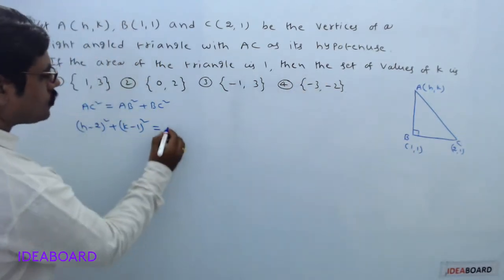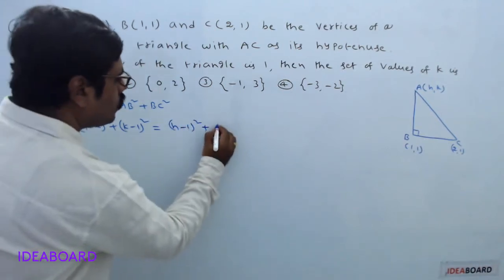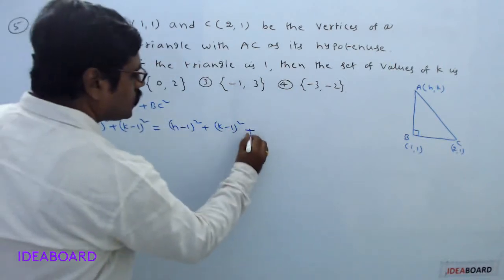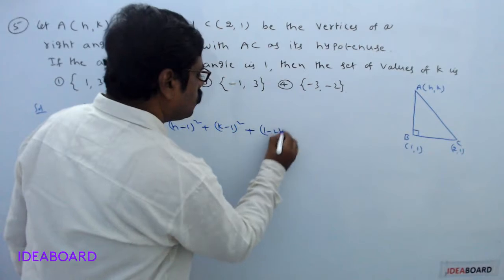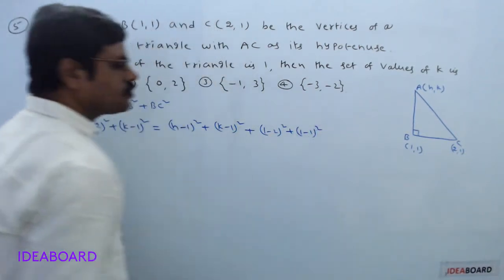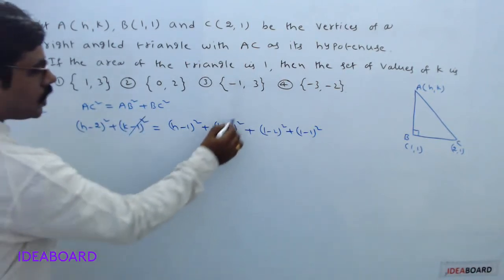What is the value of AB square? That is a difference of x coordinates whole square plus difference of y coordinates whole square plus BC square. It is 1 minus 2 whole square plus 1 minus 1 whole square. Now see the cancellation of the terms on both sides.